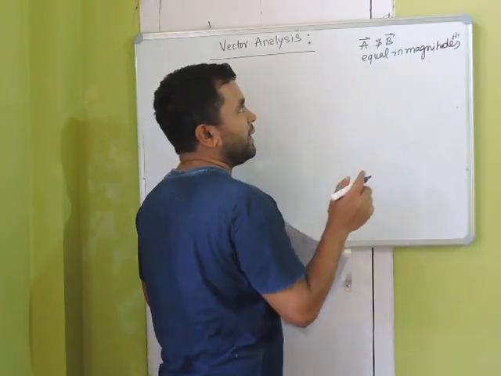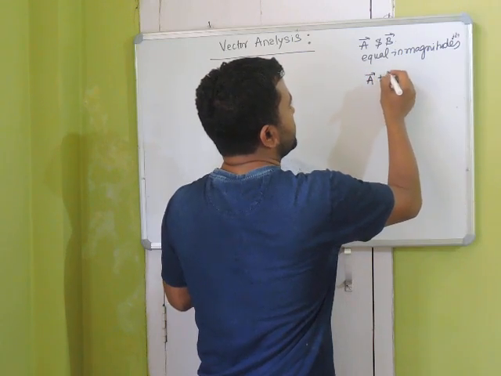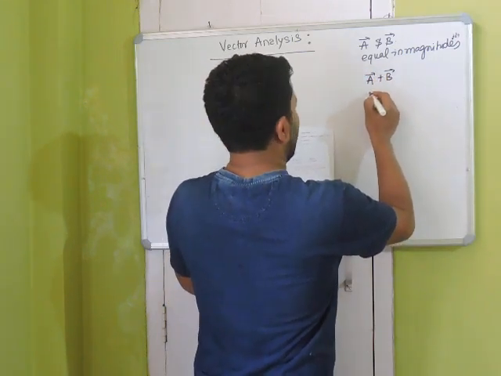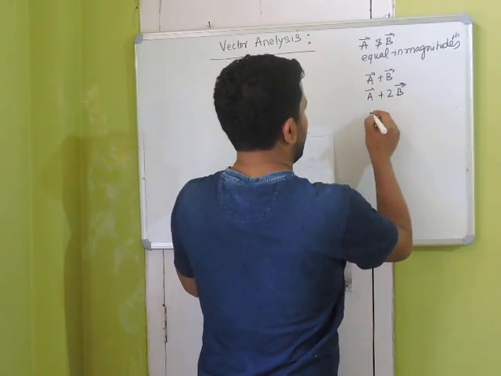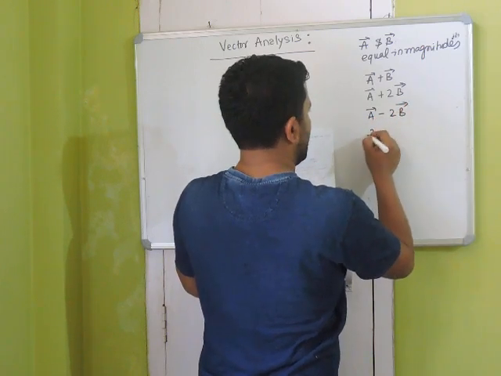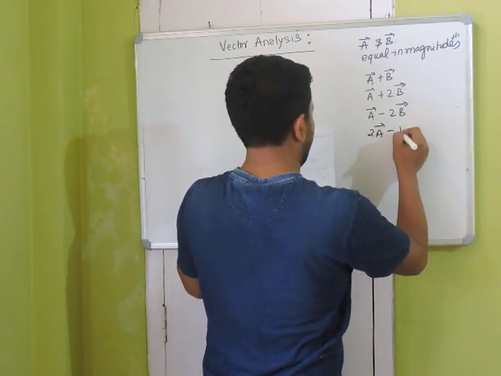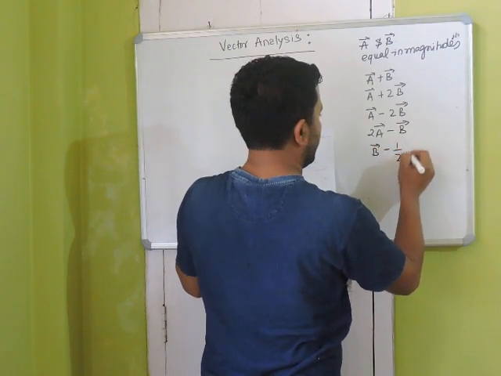With proper scale, you have to represent A plus B, then A plus 2B, A minus 2B, 2A minus B, and B minus half A.